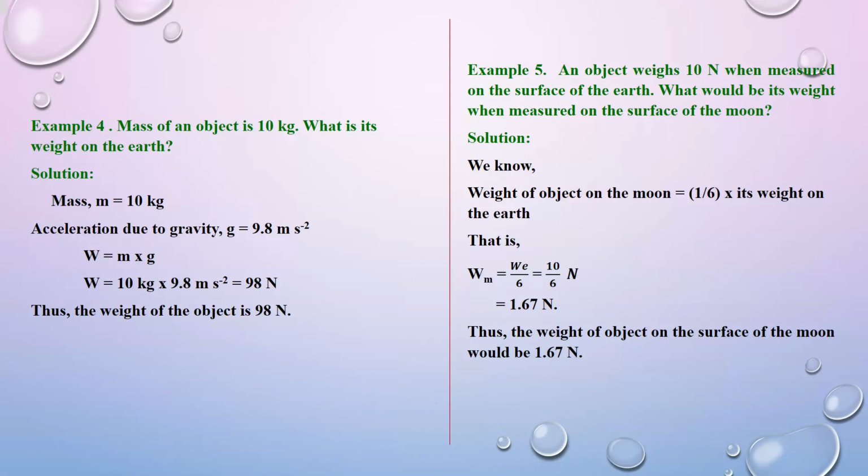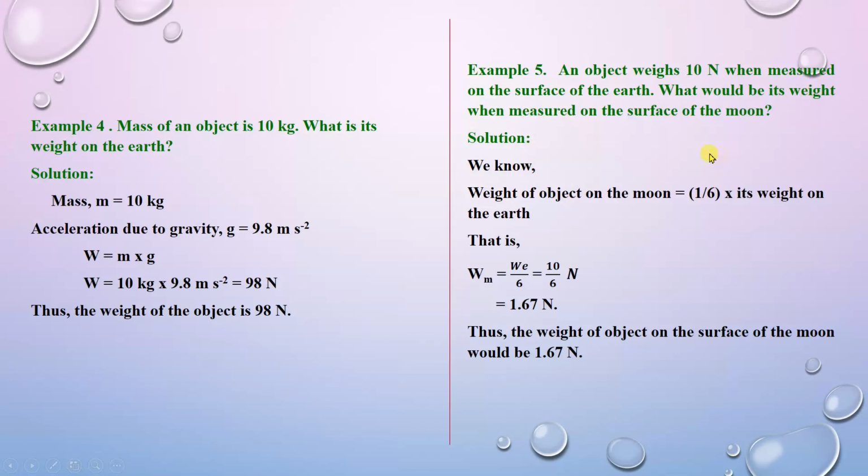लेकिन अगर यही पूछ लिया जाए what will be the weight of object on moon, तो कैसे करेंगे? जो भी आपका आंसर आएगा यहाँ पे, this is on earth, तो ऑन मून निकालने के लिए you can divide it by 6, सिंपल, क्योंकि हमने सीख लिया है कि वो 1/6 रह जाएगा. So let's see another example. An object weighs 10 Newton when measured on the surface of earth. So what will be its weight when measured on the surface of moon?